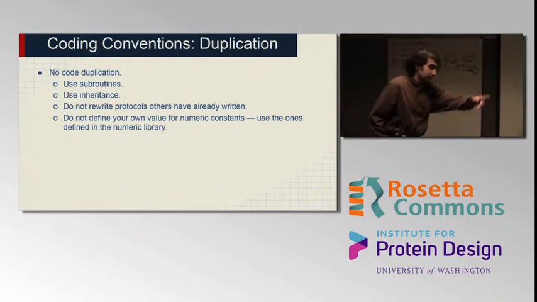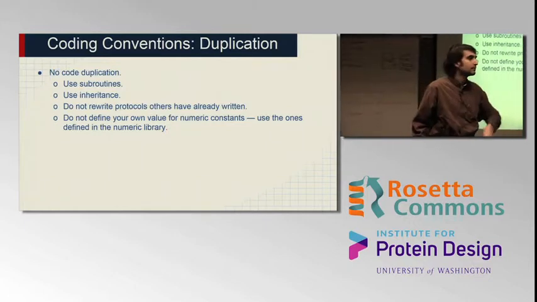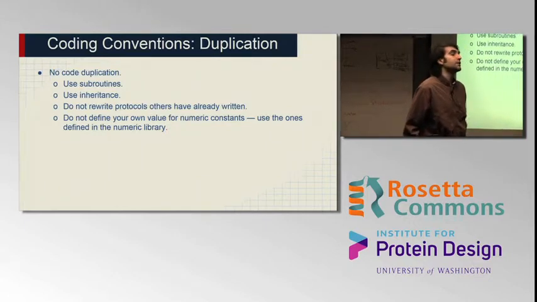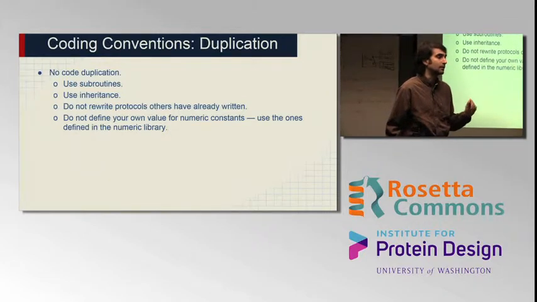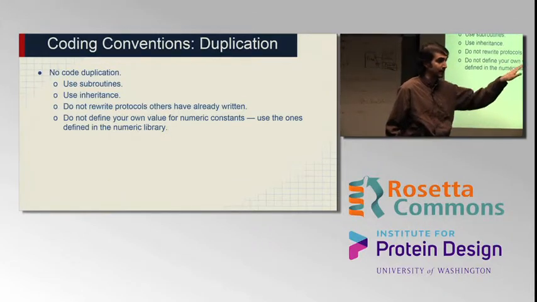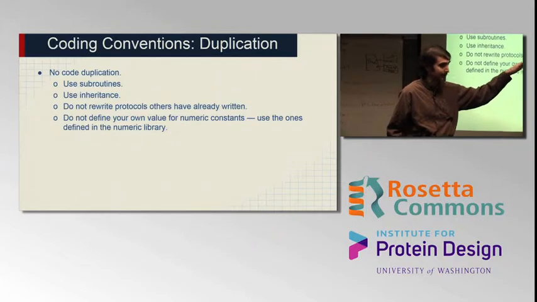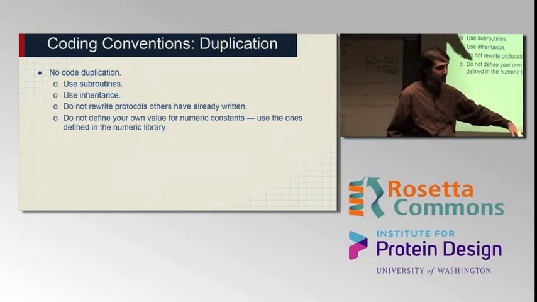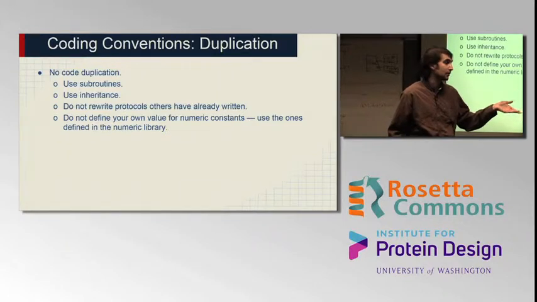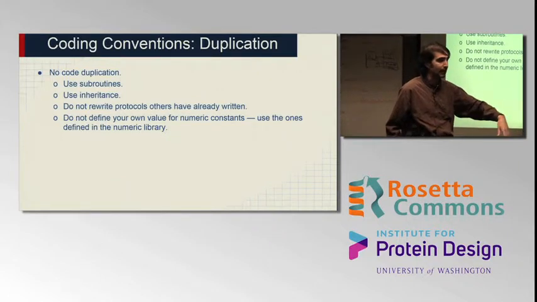So what's the point of this trick? Here's a concrete example. The base class for mover defines parse my tag, and parse my tag takes a bunch of different things. It takes a data map and a pose and whatever else. Some movers use those things. Some movers don't use the data map, for example. If I'm not using the data map, there's no point in passing the reference to the data map.